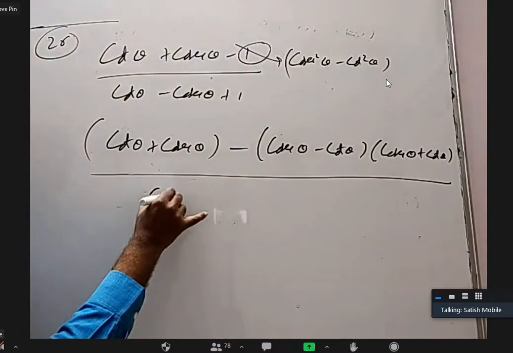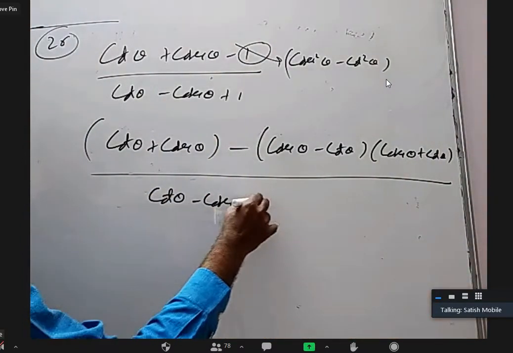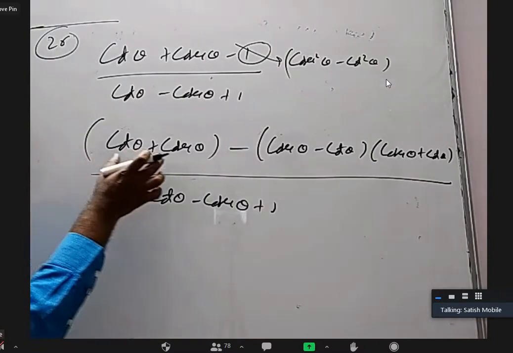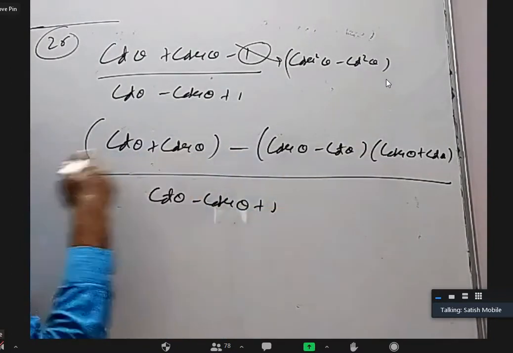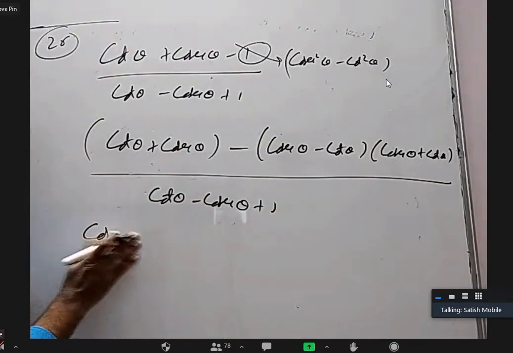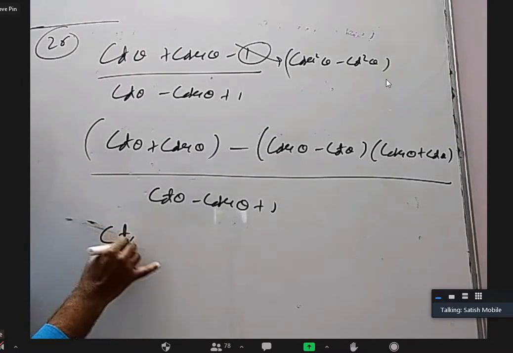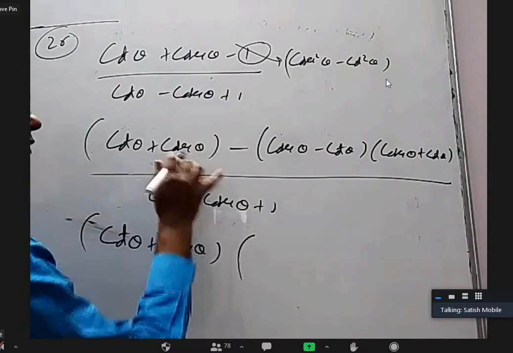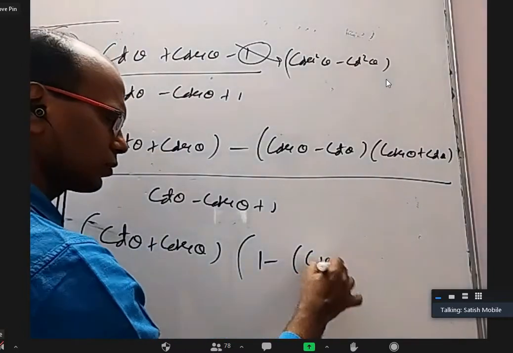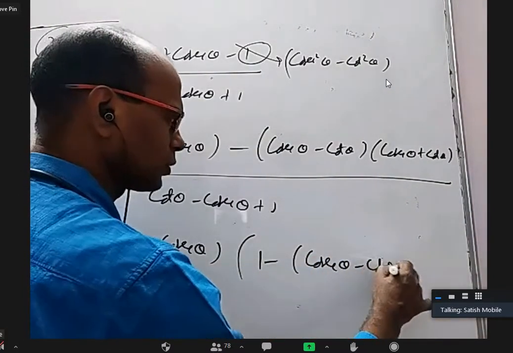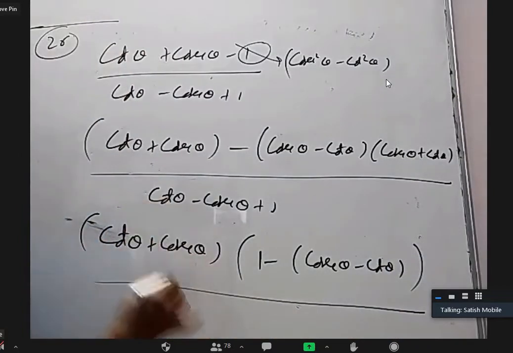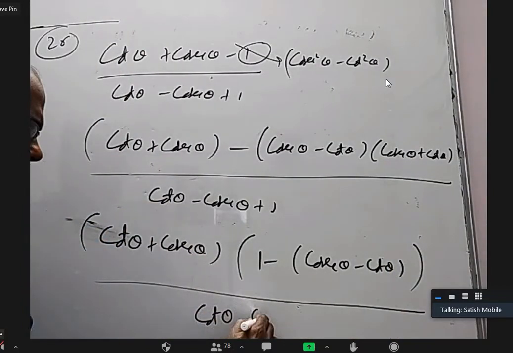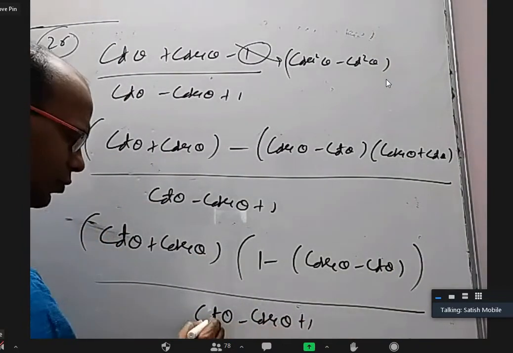The denominator is cot theta minus cosecant theta plus 1. Now, this and this are same. I can take cot theta plus cosecant theta common. I will be left with 1 here minus (cosecant theta minus cot theta). Here I will be left with cot theta minus cosecant theta plus 1.